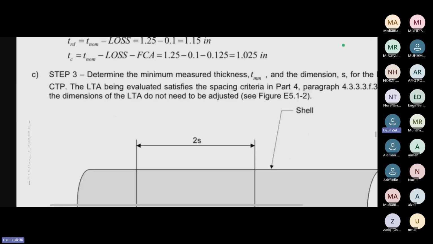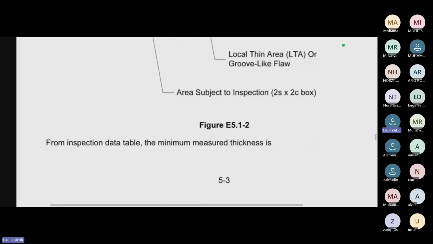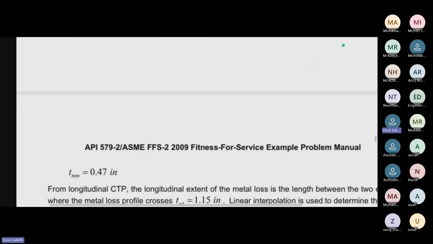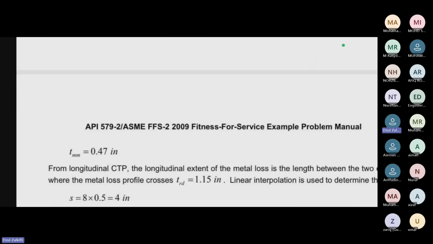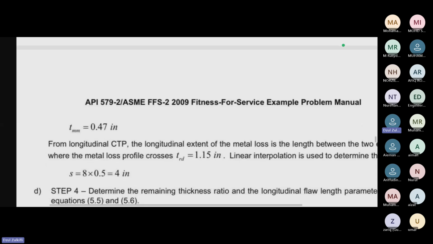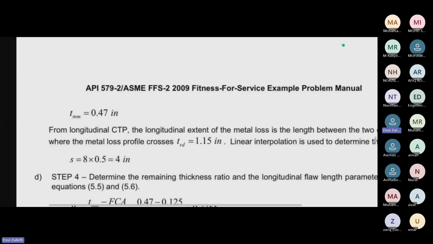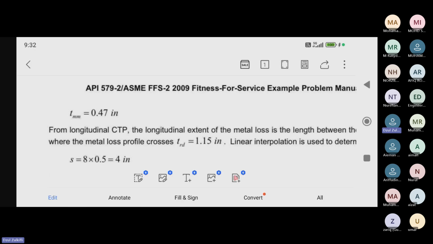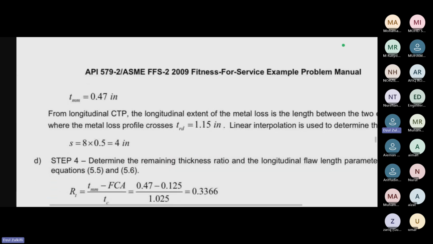So, we go back to, okay, S equal to 4 inches. S is the longitudinal length of the area. Next is the thickness ratio. The thickness ratio is the same as before, the same as part 4: lowest thickness minus FCA over okay thickness minus FCA.